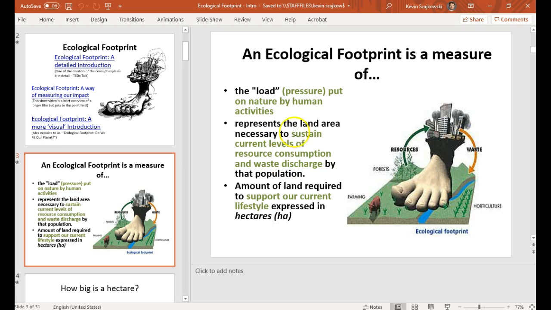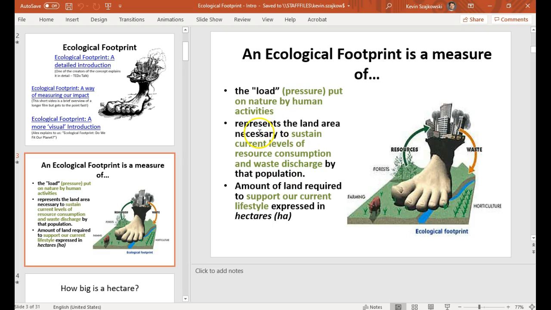And so what we will come to learn in the next few days through future class activities is that an ecological footprint can be used to measure the impact that an individual has on the environment. It can be used to measure the impact that a country has on nature, and it can even be applied to things like companies, for example, corporations, and we're going to take a peek at that through a different activity in the next few days.